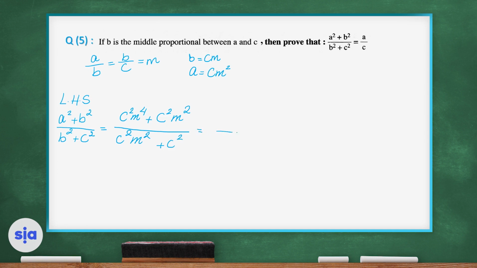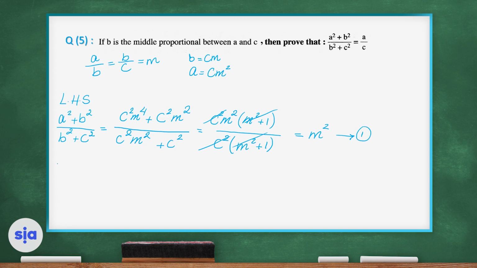In the numerator part, we will take c squared m squared as a common factor, multiplied by m squared plus 1, over c squared as a common factor, multiplied by m squared plus 1. To simplify this, we cross out m squared plus 1 with m squared plus 1, and we also cross out the c squared with c squared, so this part is m squared.